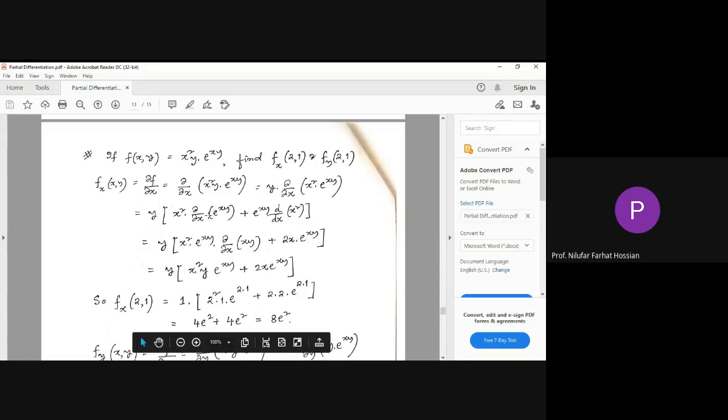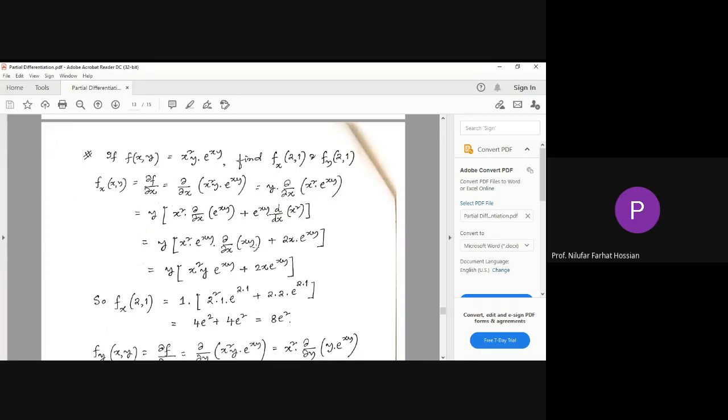So x square into del x of this. So this power contains both x and y. So this power, the whole power should be treated as x. So e to the power x gives you e to the power x. E to the power xy, and you have to differentiate this xy. This xy was treated as single x. So it should be multiplied by del x of xy.